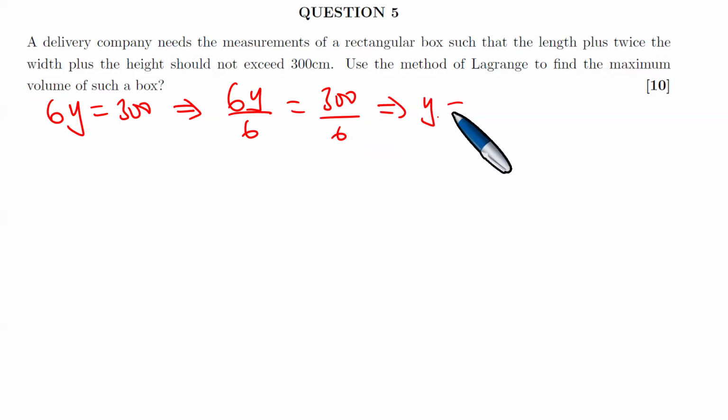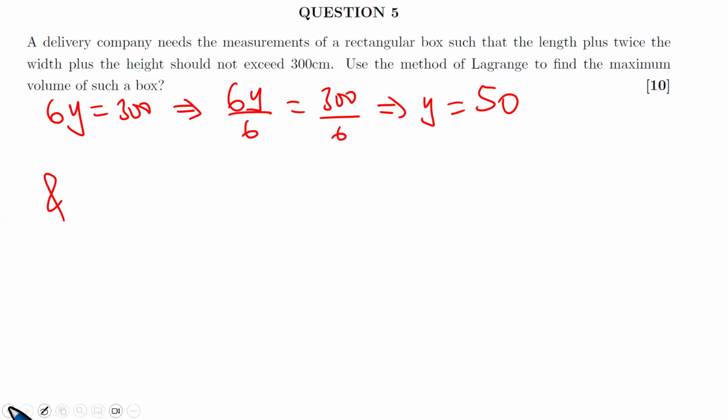Then y equals 300 divided by 6, which is 50. So we get y equals 50.